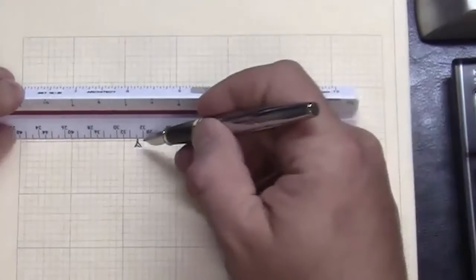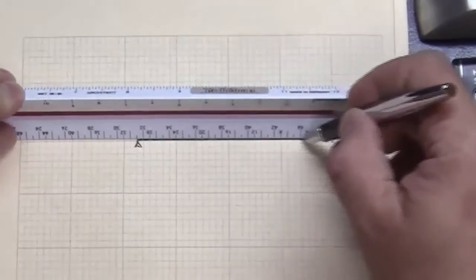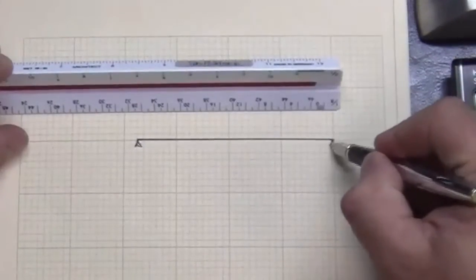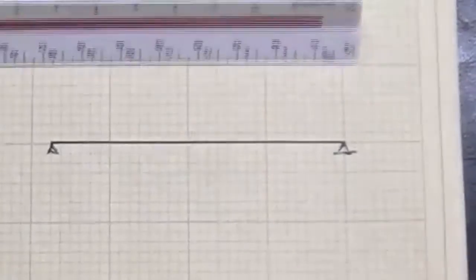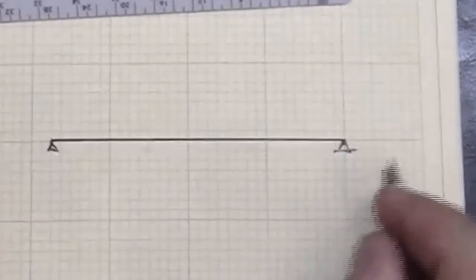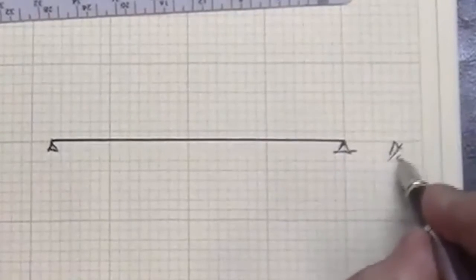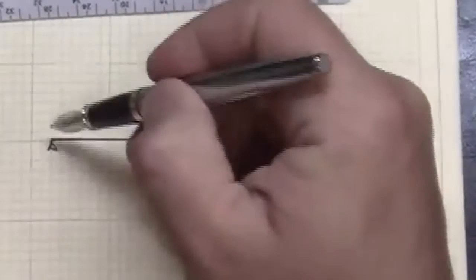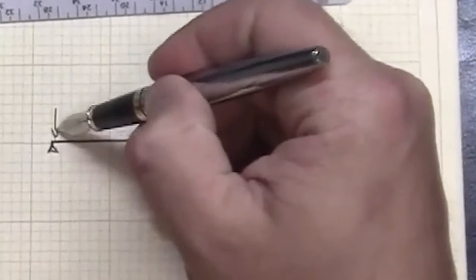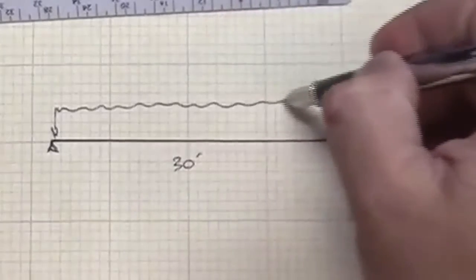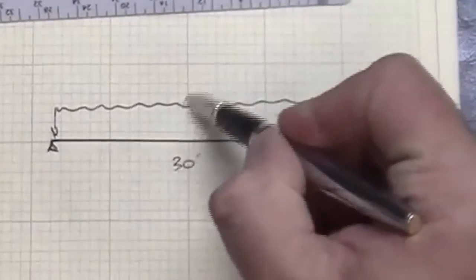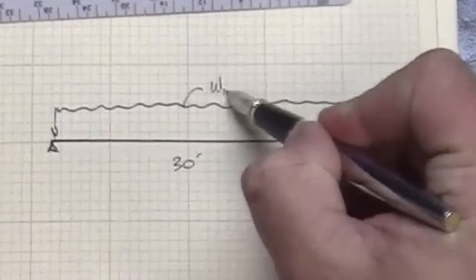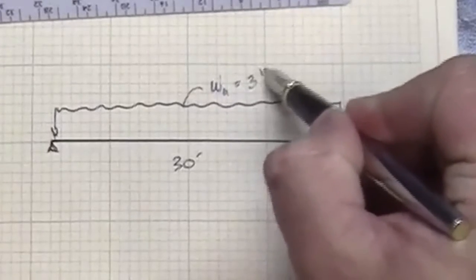I'm going to simply put in here, using the graph paper we showed how to create, a 30-foot beam to scale at 1/8 inch scale. And we said in our example that our ultimate load on the member was 3 kips per foot.